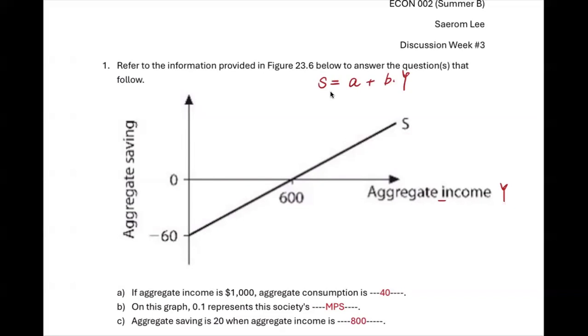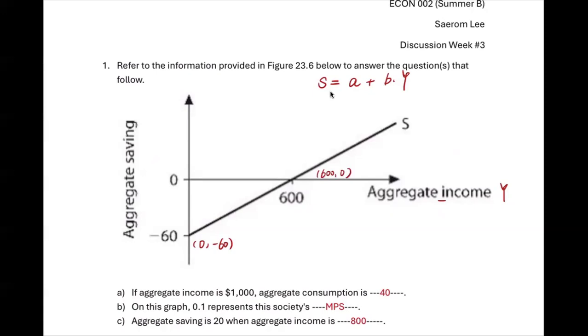And remember how to get a and b from some special points, right? For example, in this figure, we can find one special point is (0, -60) and (600, 0).